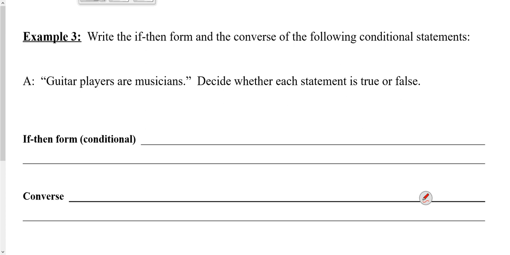First we're going to write it in the if-then form and tell whether it's true, and then write the converse in the if-then form and tell whether it's true or false. So guitar players, that's the P, are musicians is the Q. So how can we write this in if-then form? Think about that for a moment and see if you come up with something similar to what I write.